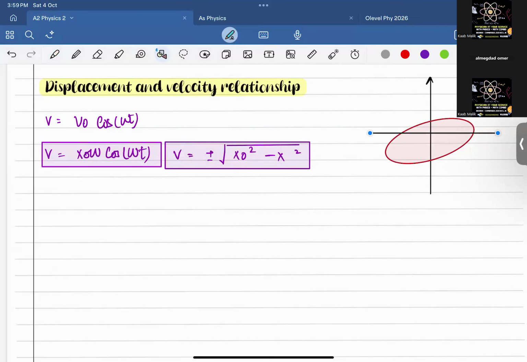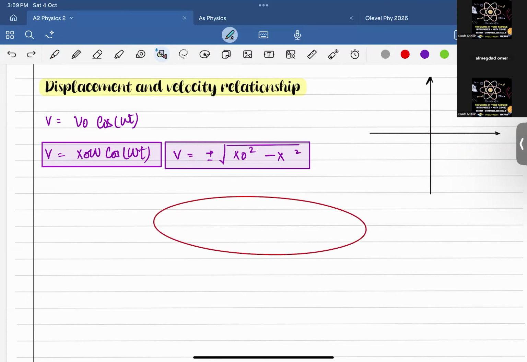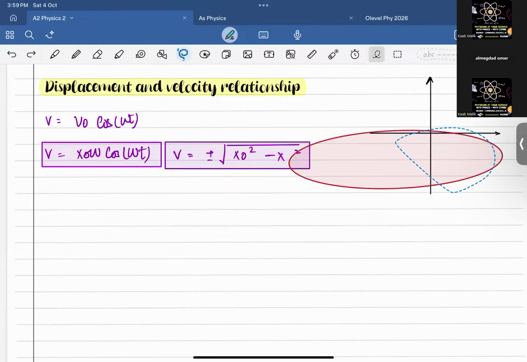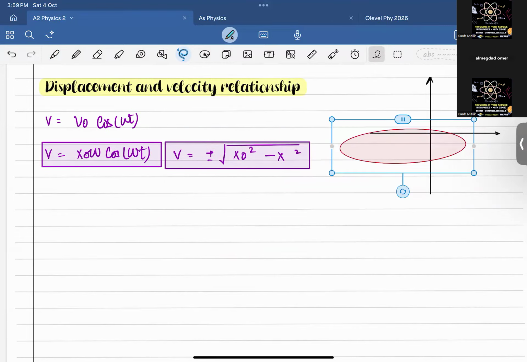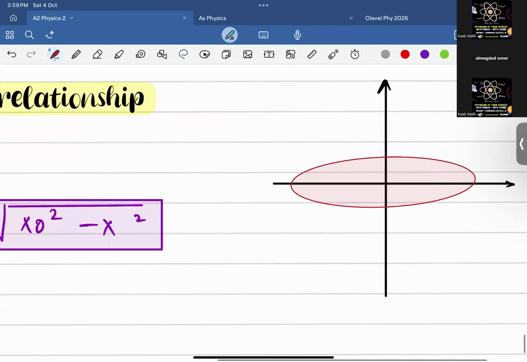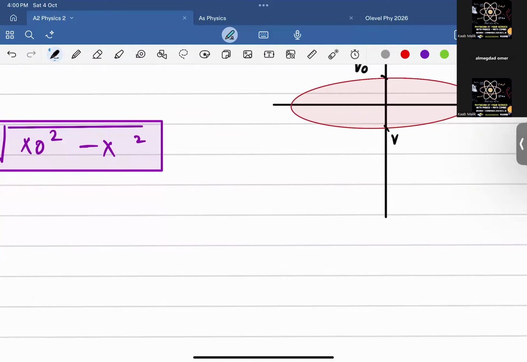So this is how the graph looks. The maximum point on the y-axis is going to be the velocity, and the minimum point is also going to be velocity, but in the negative direction.